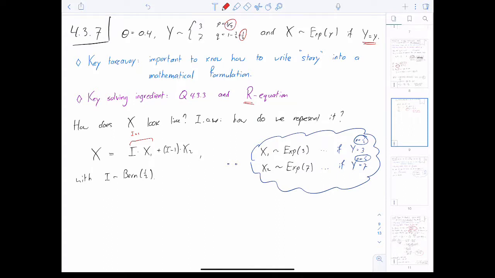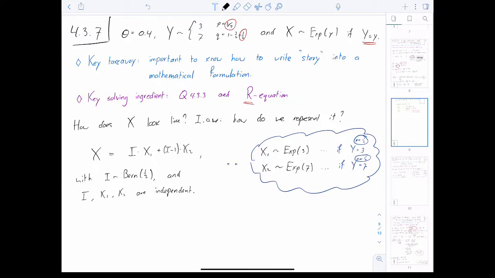And similarly, if I is 0, then this one happens. In any case, we have to keep in mind that these random variables are all independent. So I, X1, X2 are independent. They do not influence each other.